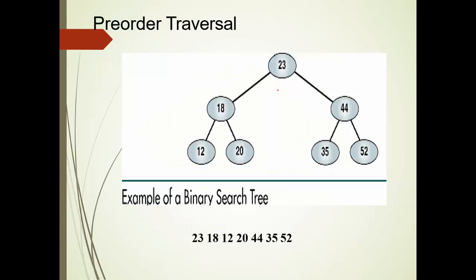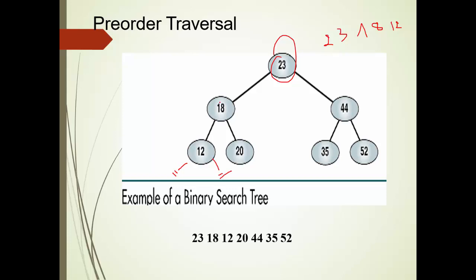So here, what is the root? 23. Then we write 23. Then we go to the left, which is 18. Does 18 have another left? Yes, we go to 12. Does 12 have another left? No. Does 12 have a right?